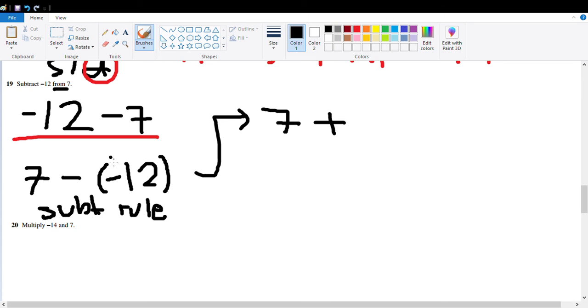Now we're going to change the second number to the opposite. What is the opposite of negative 12? Positive 12. And then we simply add. Again, you don't need the addition rule, they're both positive. 7 plus 12 is 19. And that's your final answer.